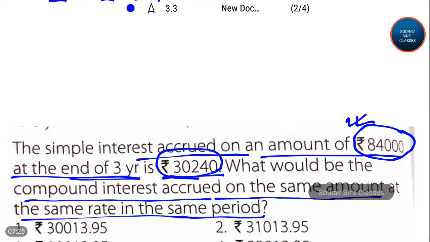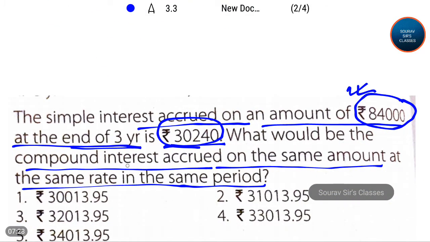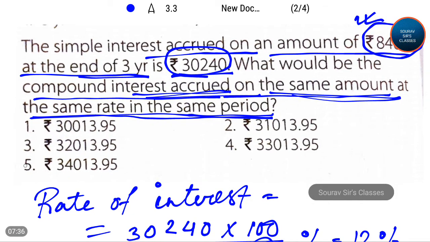So the compound interest accrued on the same amount at the same rate in the same period will be option 5, that is rupees 34,013.95. So this is the answer.